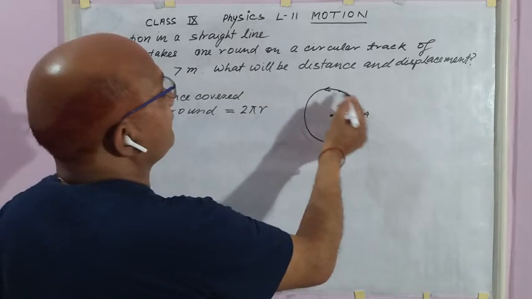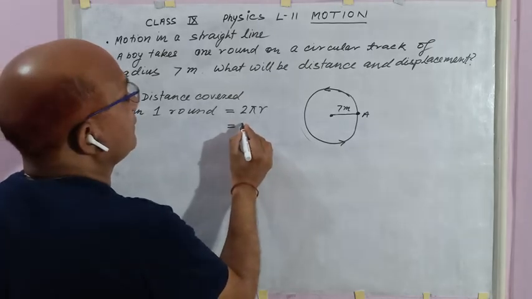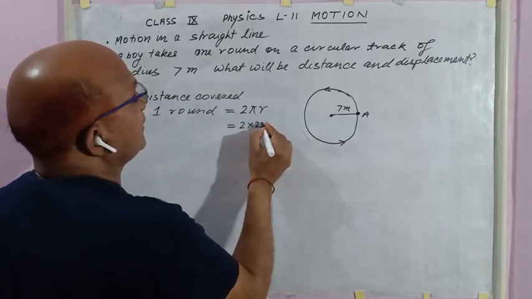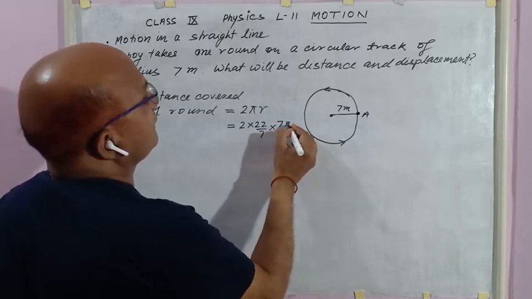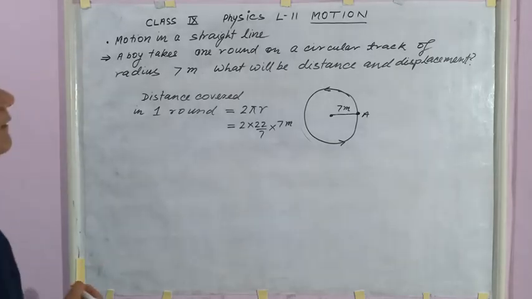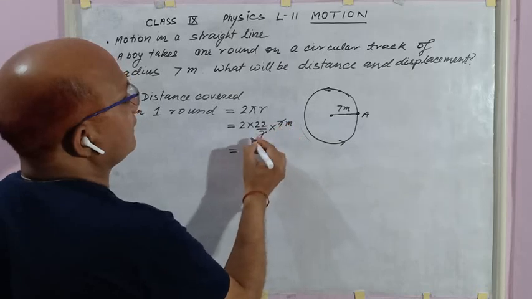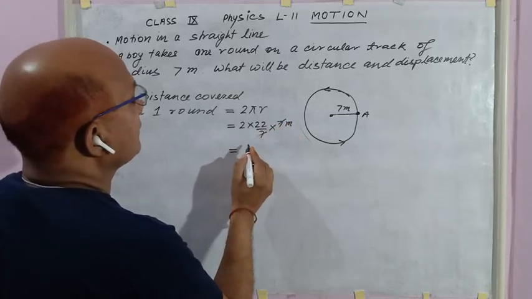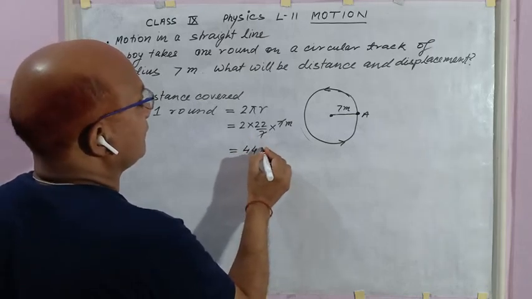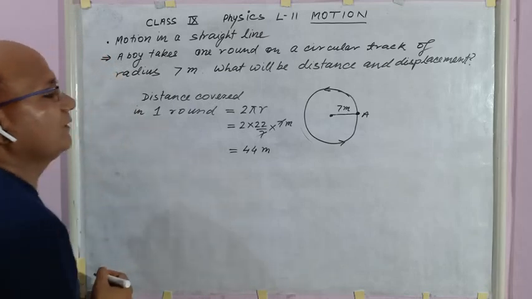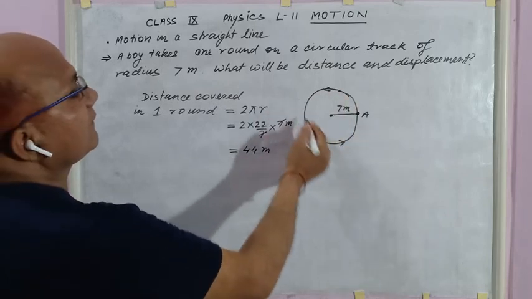This is the circumference of the circle and you can put the value 2 into 22/7 into radius 7 meter. So this is equal to 44 meter.